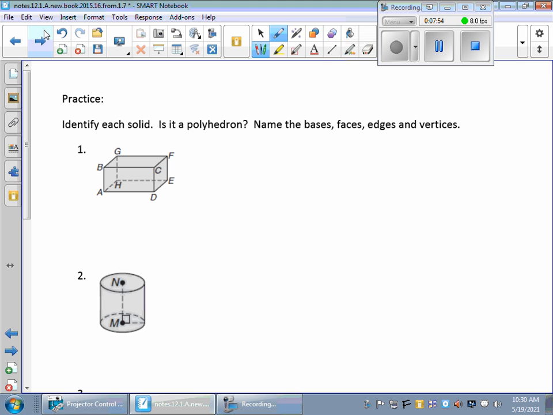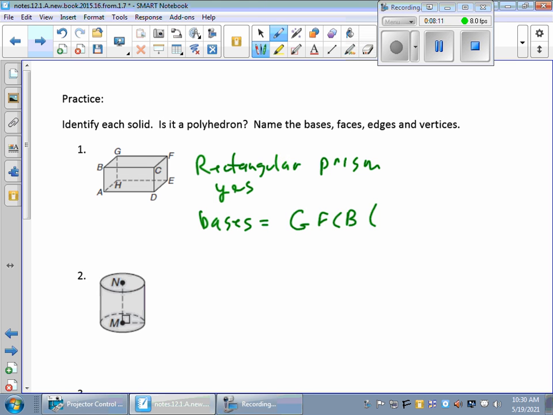This is a rectangular prism. Is it a polyhedron? Yes. So the bases in this case, again, if you went with the top, G, F, C, B, there's 2 of those bases. Your faces are going to be, for example, F, E, D, C. How many total is that?